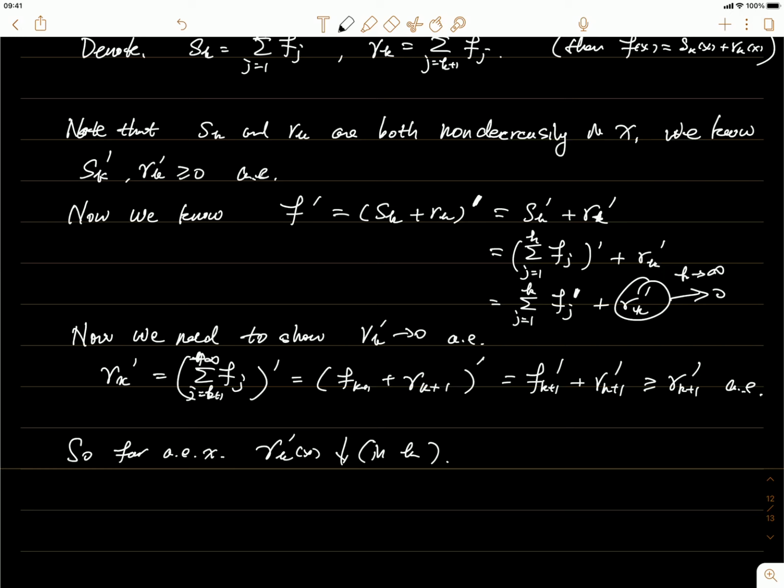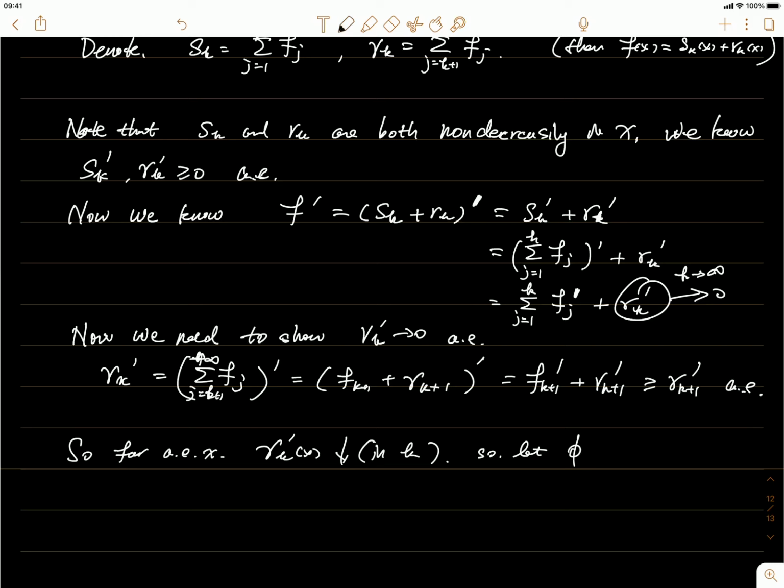So for almost every x, this is a decreasing numerical sequence at the point x, bounded below by 0. So we know that the limit exists. Let's say that the limit is called phi.